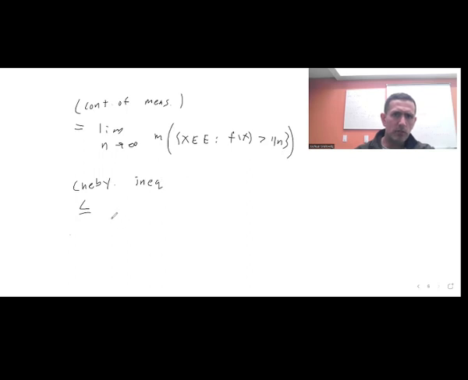So this is less than or equal to 1 over n times the integral over E of f. Now, of course, 1 over n could be very large. Sorry, I forgot the limit.